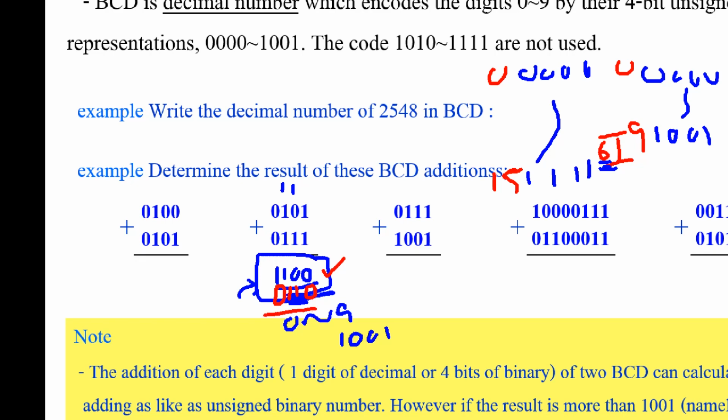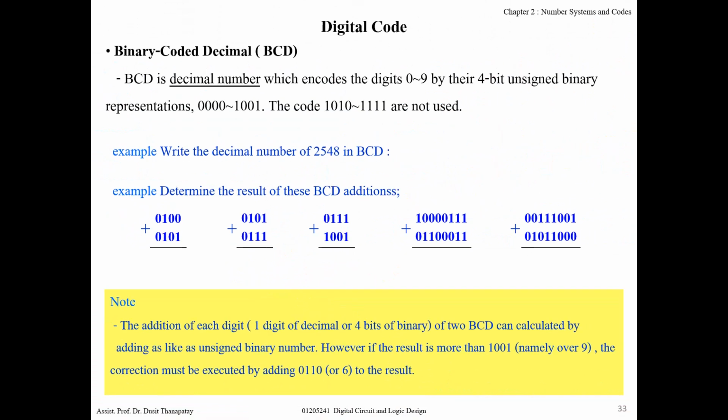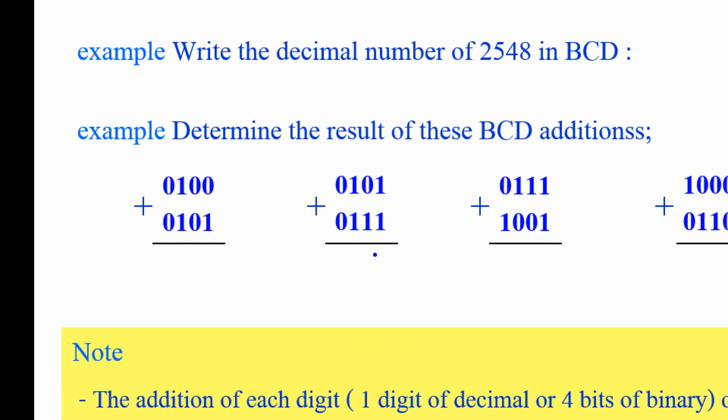When you add it to this one, previously the result is this. When I add 6, which is 0110, the result is 0 here, and carry in is 1, so it's 0 here, and carry out is 1.